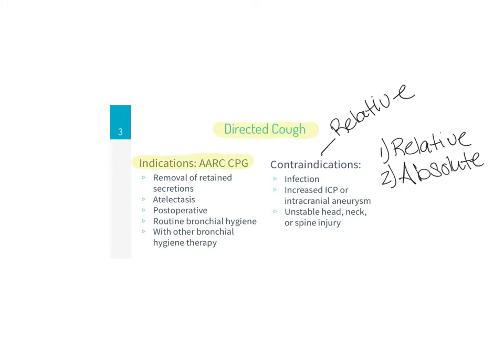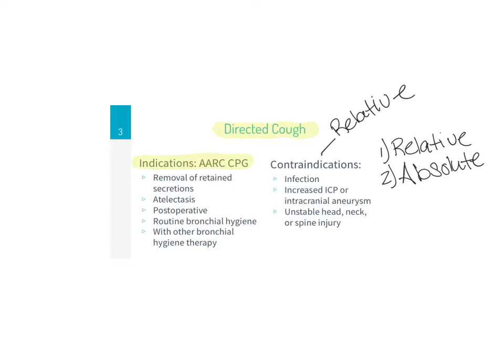So relative means, yeah, it's probably not a good idea with certain things that we should do this, but do the benefits outweigh the risks. So that's what relative means. And remember, absolute means don't you even think about doing this therapy. It's absolutely not safe for the patient to do it. There's no outweighing the pros and cons.